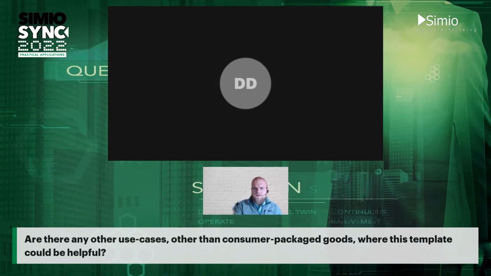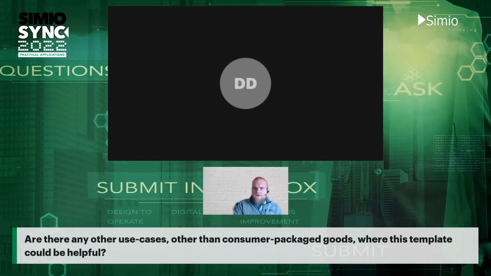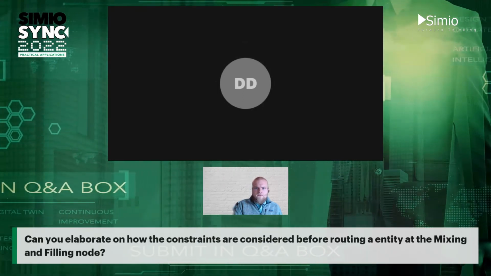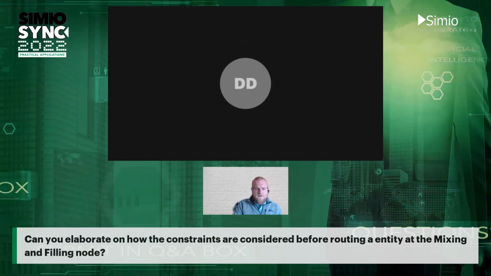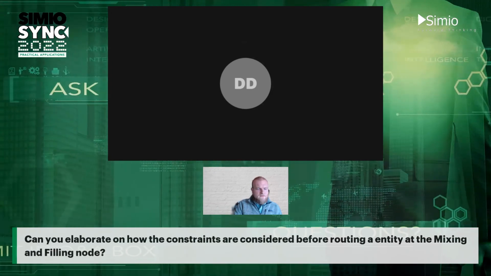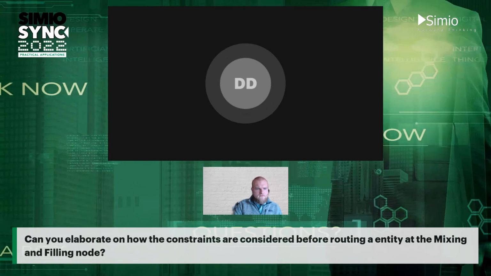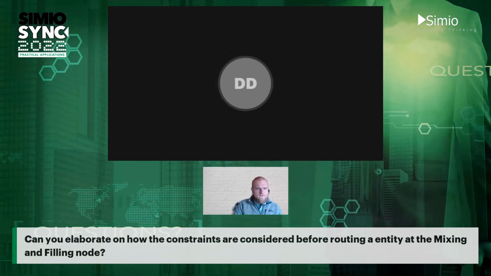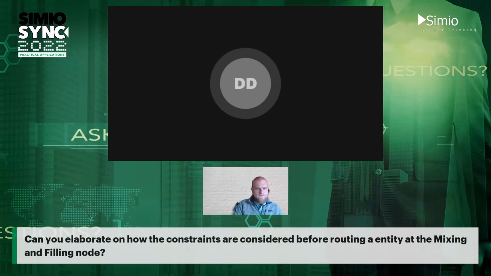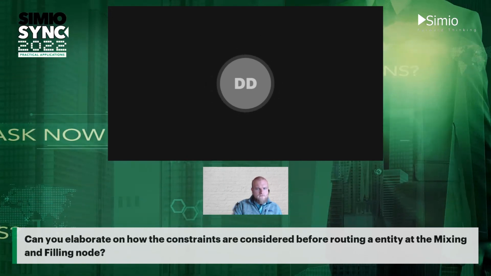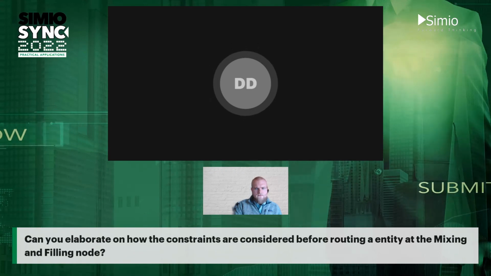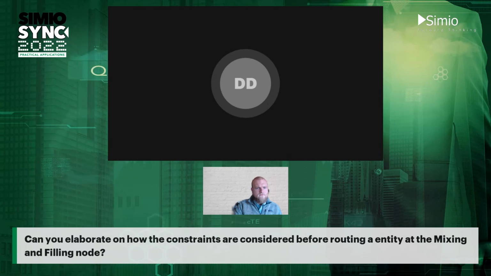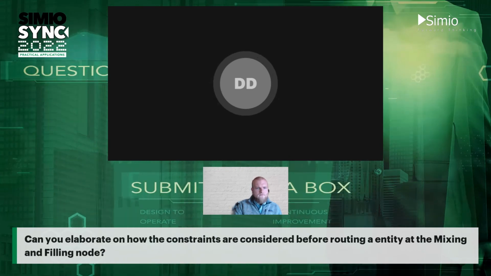Okay, thank you. So could you elaborate a little bit on how the constraints are considered before routing the entity at the mixing and filling node? Yeah, sure. So what we do is, especially for mixing, at least in this template, we have only considered two constraints. One of the constraints that we check before we route an order is, do I have enough secondary resources available? If I need an operator to actually operate those mixers, I make sure that I have an operator available before I can route, and that's part of our resource constraint.